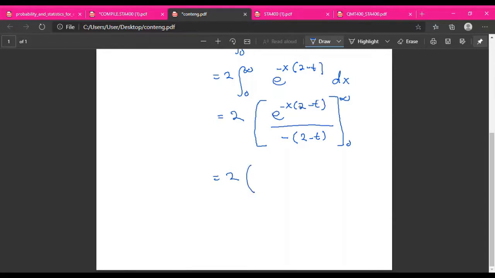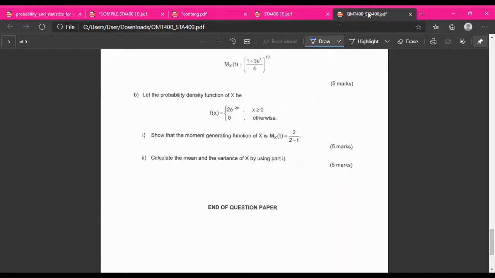So 0 divided by any value, you will get 0. Minus, when you replace x with 0, e power of negative 0 is 1. So 1 over this value, take the constant back. So finally you will get 2 over 2 minus t. Okay, which is this.